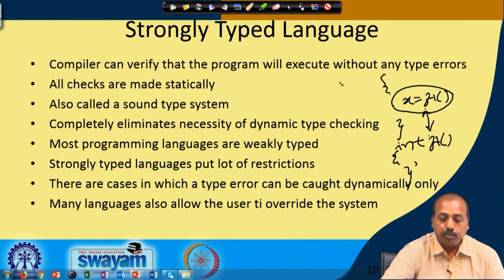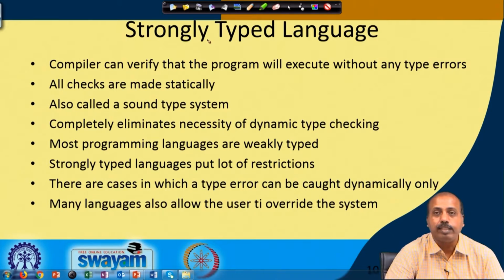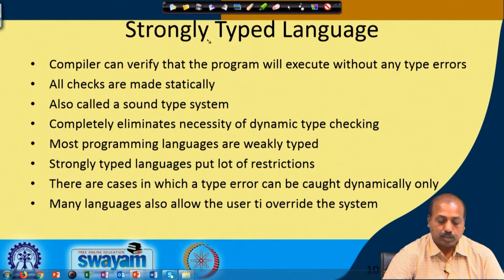As a result, we can have this weakly typed construct. It will make the life of the programmer easy, but at the same time it also gives rise to the problem that the program may generate some error while executing.